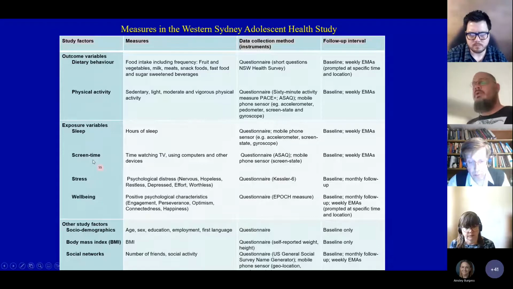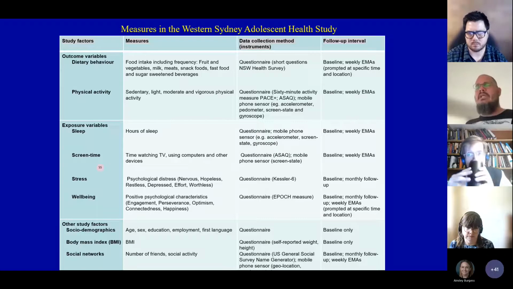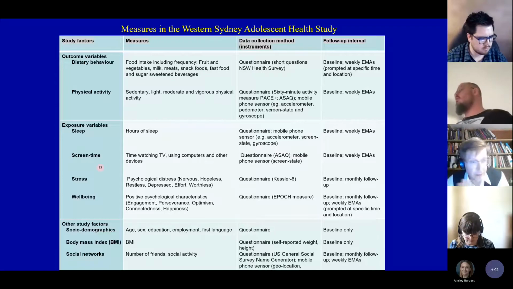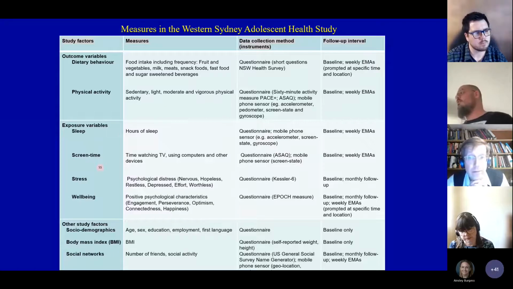Every time the screen was on, we got a record in the system saying screen on and then screen off, so you can calculate the time the screen was on and off.